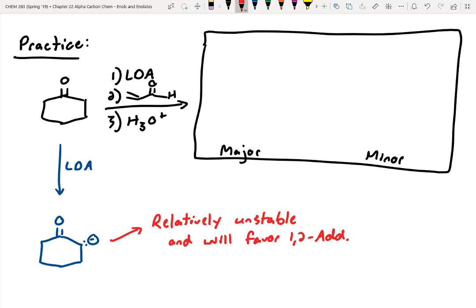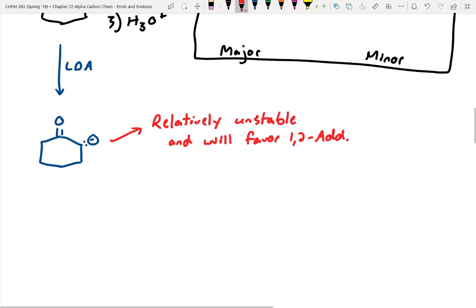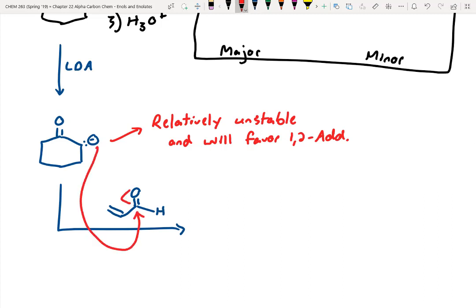All right, so keeping that in mind, we know at this point that if we have this starting material floating around, it's going to ignore that double bond and just attack straight into that carbonyl carbon. And we would get this as our product.